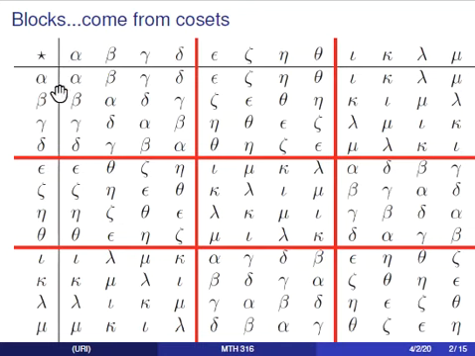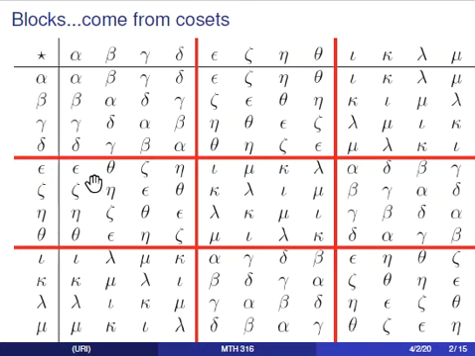If we were to take a look at the Cayley table and we were to take an element like epsilon, and if I wanted to find the coset of this subgroup, alpha, beta, gamma, delta, say I were to call that set H. The coset epsilon H would contain the elements epsilon times alpha, epsilon times beta, epsilon times gamma, and epsilon times delta, and that's exactly what we see listed here in these first four columns in the epsilon row.